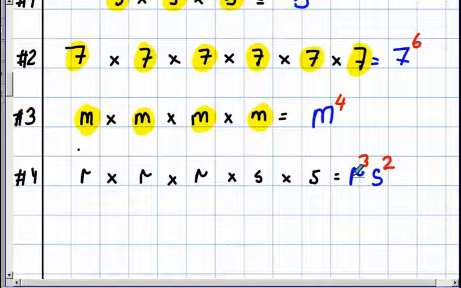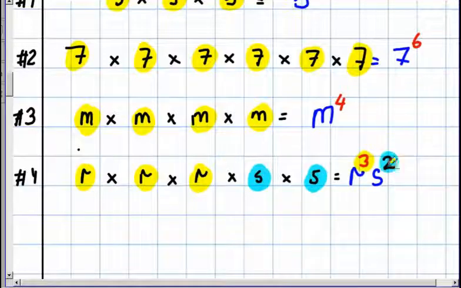We pronounce that as R to the power 3 or R cubed and S to the power 2 or S squared. Let's see where they came from. Here we go. We've got 1, 2, 3 R's. That's why the power of R is 3. And we've got S to the power of 2. If you don't count the number of different letters, you count each one individually. I'll go through it once more so it's a bit clearer.